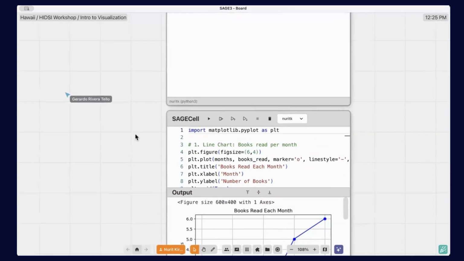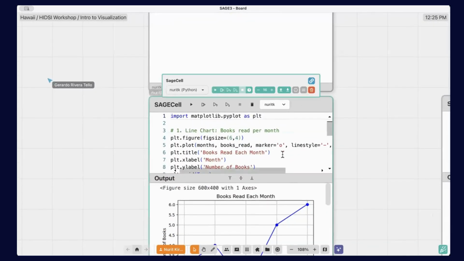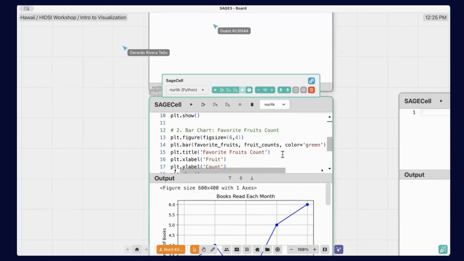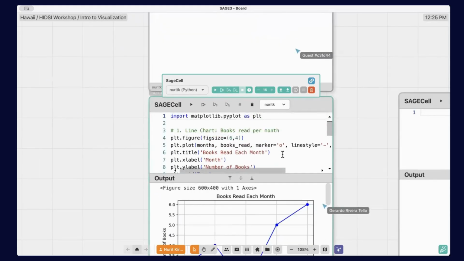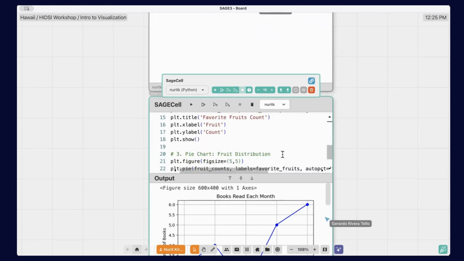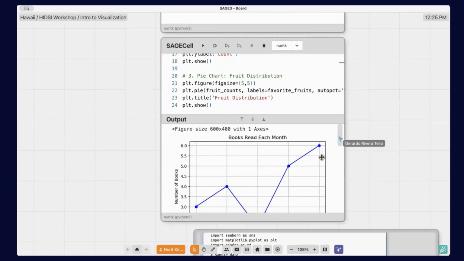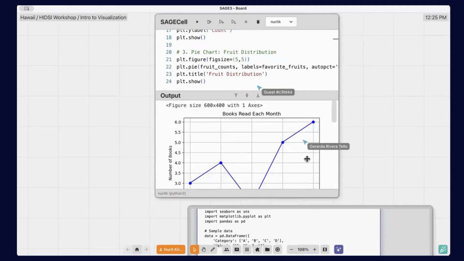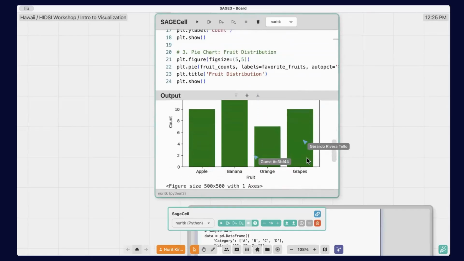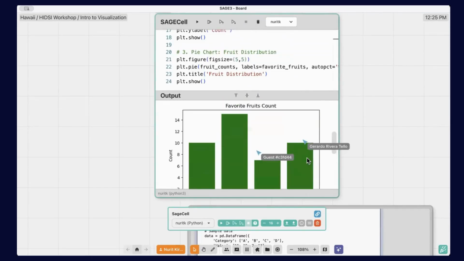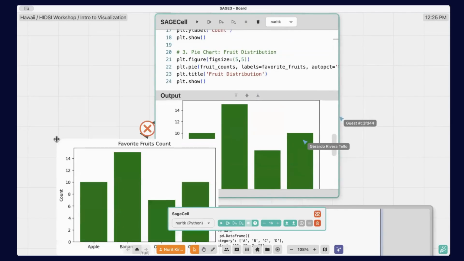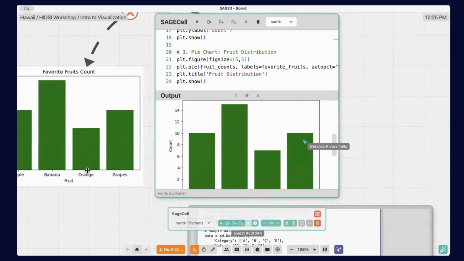And then over here, there's an example that uses matplotlib to do these 3 graphs. You can see them here, right? So you should be able to drag an image out if I want to.